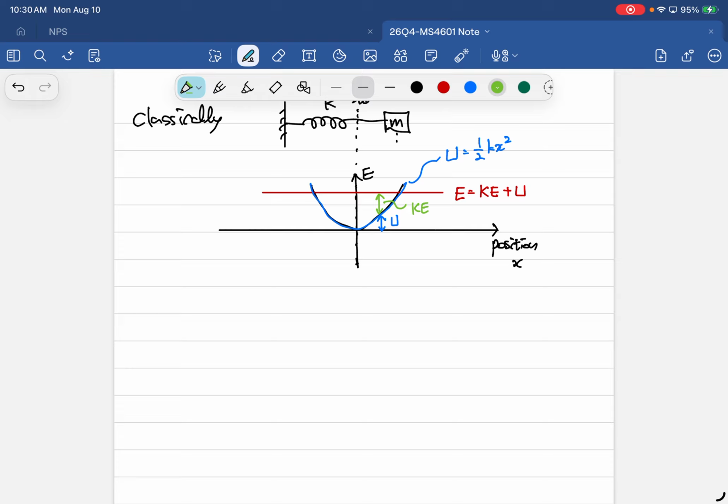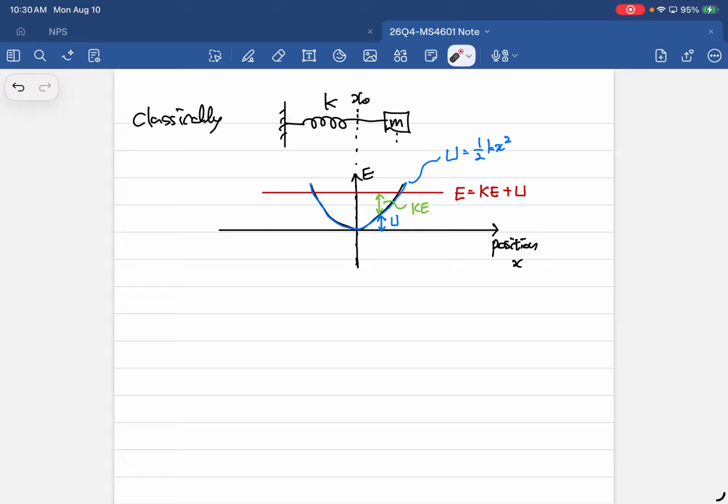Does it make sense? The mass is moving between here and here, going back and forth. Let us look at this end point. What is the velocity at the endpoints?